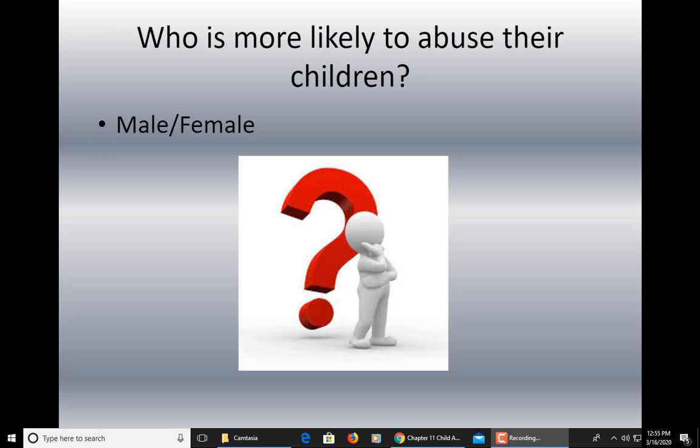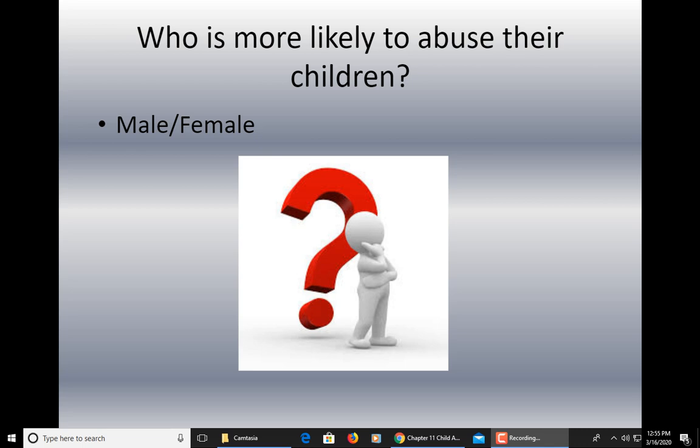Now that surprises a lot of people because they think of women as being more of a nurturer compared to a male, and that's probably true. But the fact that women are around children a lot more than men, the statistics just show that women are more likely to abuse their children or neglect their children because they're just around them so much more.